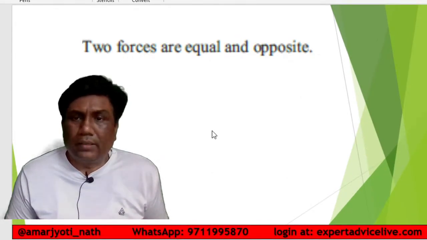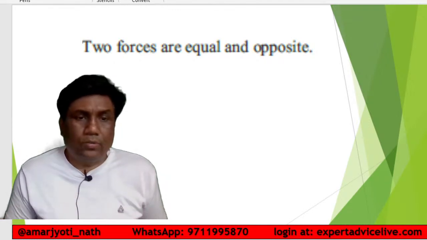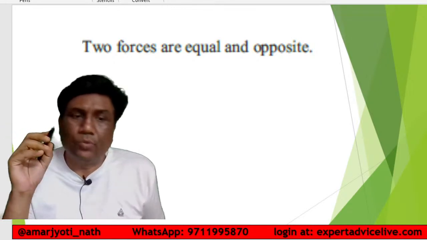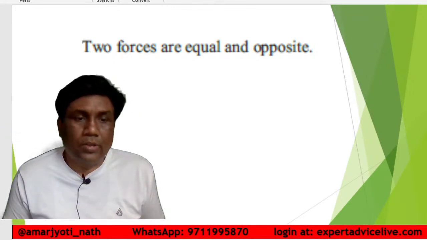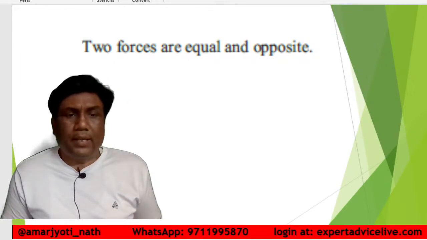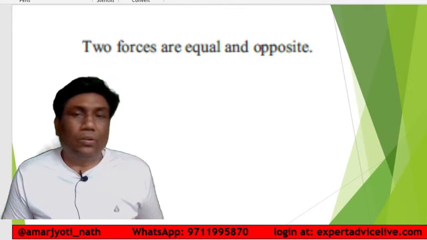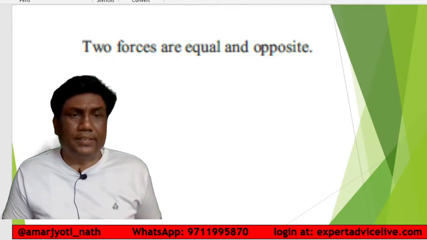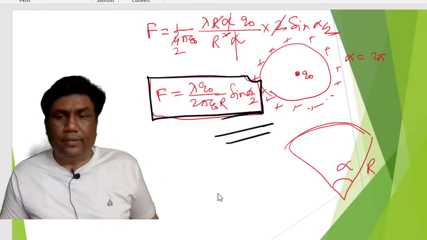Then for continuous charge distribution, we discussed the force between a charged conducting rod and a point charge. We have discussed all these things. In the next class tomorrow at 9:30, we are going to discuss electric field and all. Today we are not going to discuss it, so tomorrow we are going to start electric field.